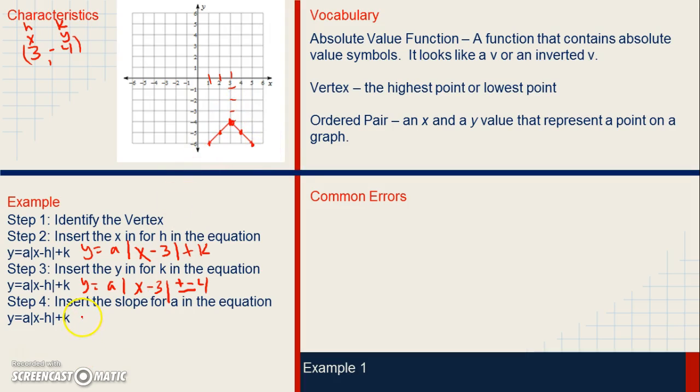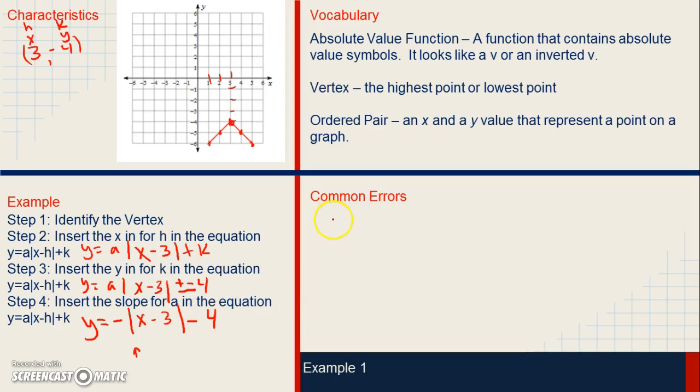So I end up getting y equals -1, don't need the 1, times x minus h, which is 3, minus 4. This right here is not a 1, it's an absolute value bar. So I have y equals negative absolute value of x minus 3, absolute value, minus 4.